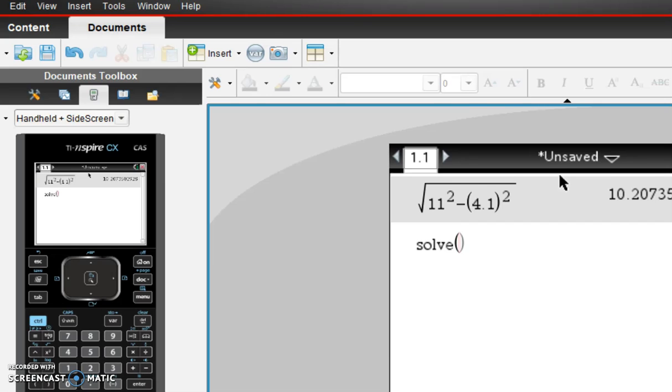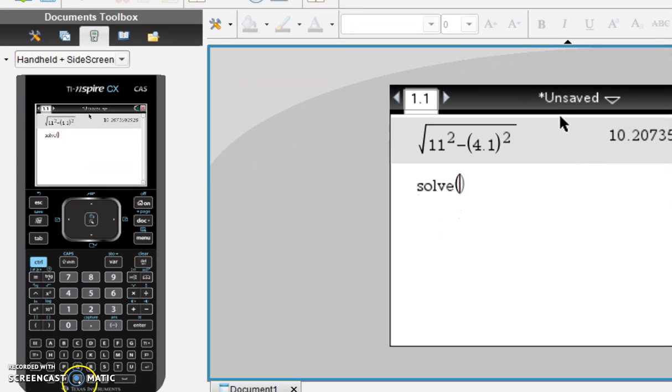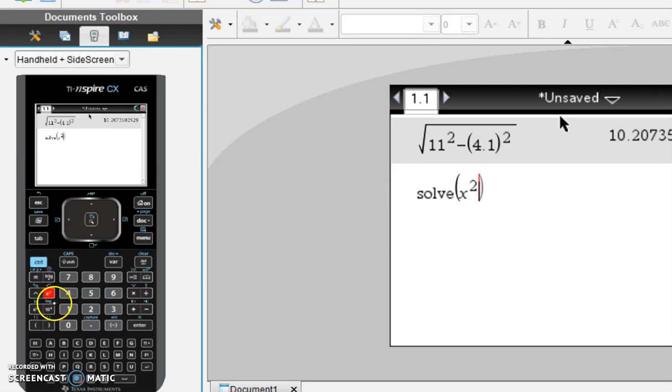We go x squared plus 4.7 squared equal to 11 squared.